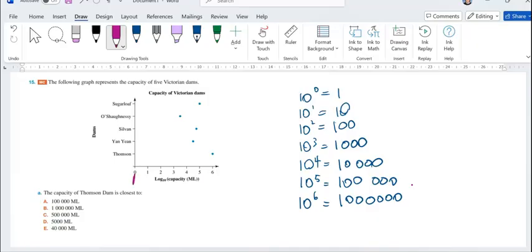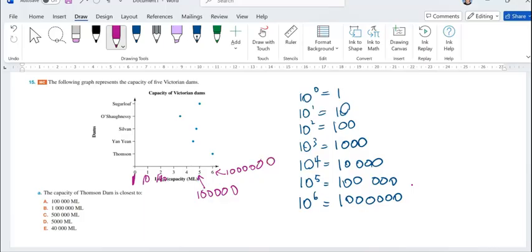This relates to a 1. 10 to the power of 1, this little one relates to 10. 10 to the power of 2, this relates to 100, 1,000, 10,000, 100,000 is this one, 10 to the power of 5, 100,000, and 10 to the power of 6, this one relates to 1 million.